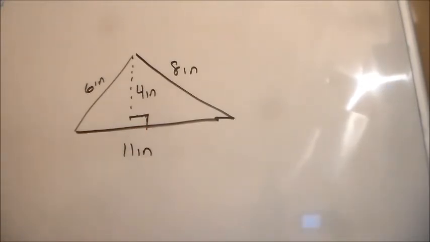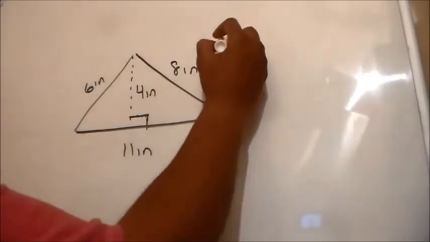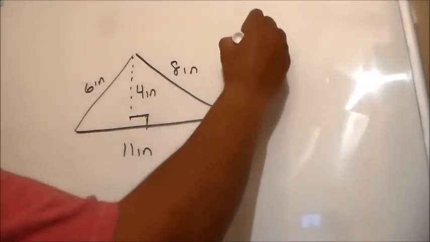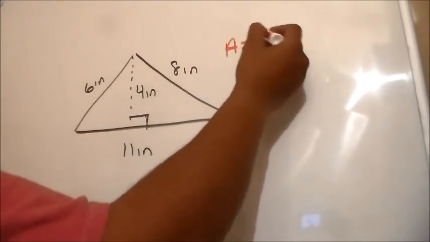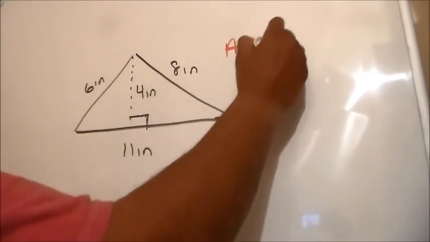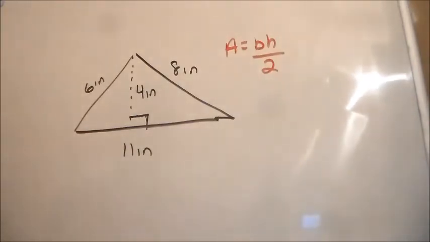Okay, so we want to find area. Again, area equals, I'm going to say base times height over 2. And I'm going to leave that there for our formula.